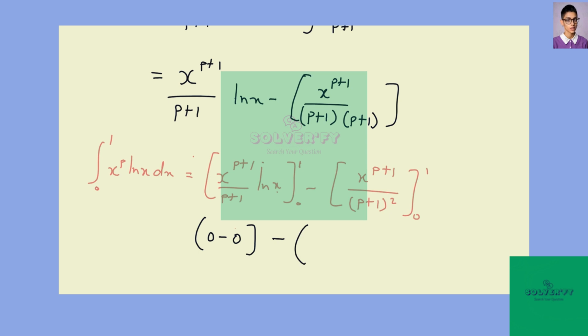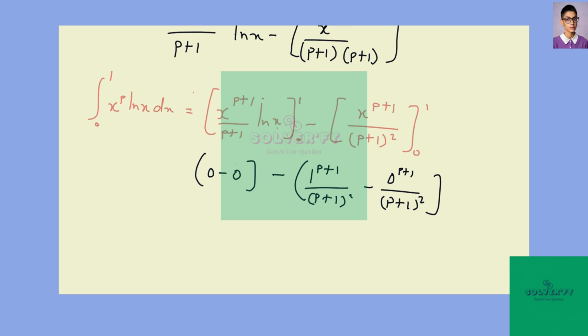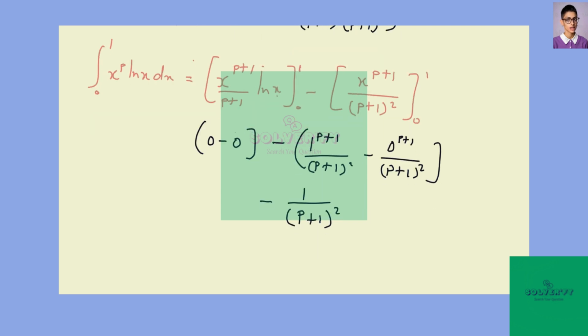If you put in 1, you're going to have 1 on p plus 1 squared. Then if you put in 0, we're going to have 0 to the power p plus 1 on p plus 1 squared, which is 0. So this gives negative 1 on p plus 1 all squared.